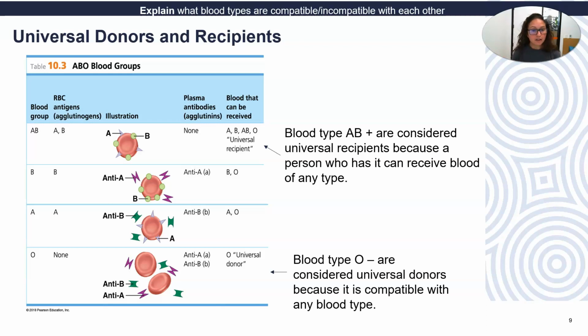For example, if you are blood group AB, you can get all types of blood. I'm talking about just the red blood cells, because normally when you donate blood, that blood is split up into red blood cells, plasma, and all the different products.